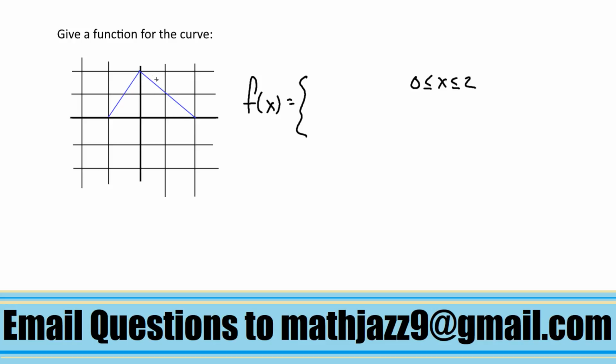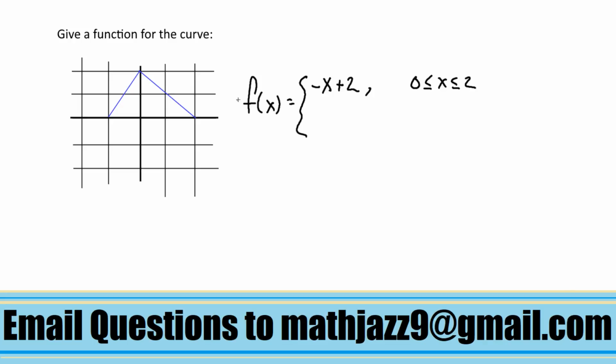Well, this looks like a line, so let's find a line that looks like this. Line has an intercept of 2 and a slope of -1. So, fortunately, we know slope-intercept form. Slope times our variable plus our intercept. That is this chunk of our graph.